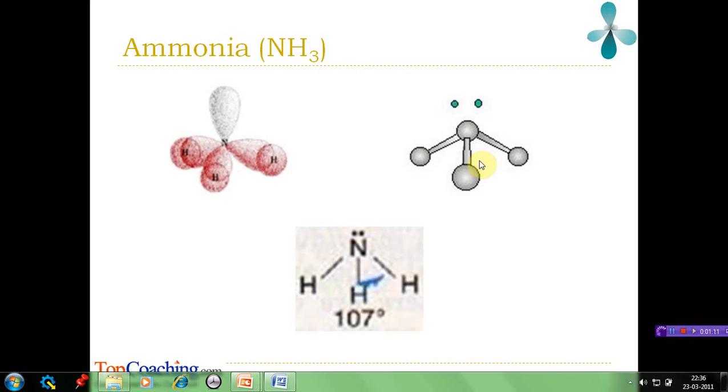Therefore, the lone pair causes the 3 bond pairs to be pushed closer together, and thus the bond angle decreases from 109 degree 28 minutes to 107 degree. The shape of the molecule is thus pyramidal instead of tetrahedral, in which the nitrogen atom lies at the center of the molecule and the 3 hydrogen atoms form the base, while the lone pair forms the apex of the pyramid.